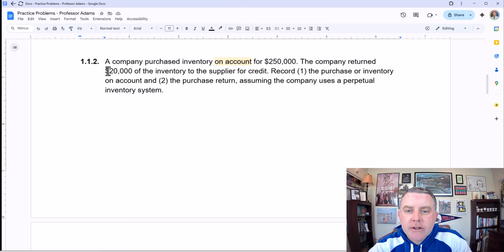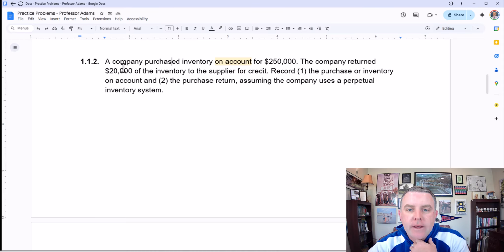Then the company returned $20,000 of the inventory to the supplier for credit. Essentially, the company ordered product from their supplier, and they realized that some of the product came to them damaged, and they didn't want it. It was defective. So they sent that inventory back to the supplier and asked for a refund.